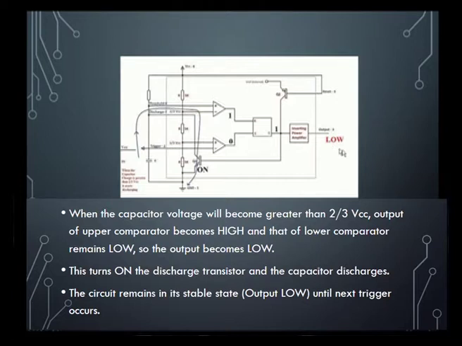So the entire chip output will be low. This turns on the discharge transistor and the capacitor starts discharging, and the circuit will be in the stable state until the next trigger pulse arrives.